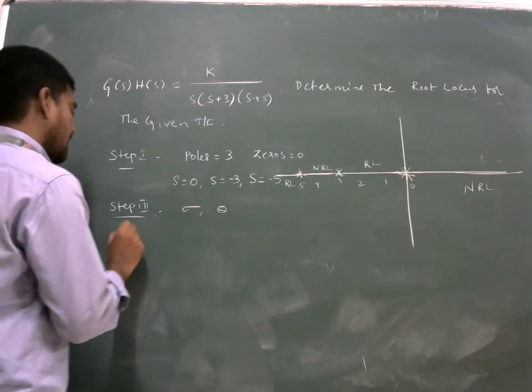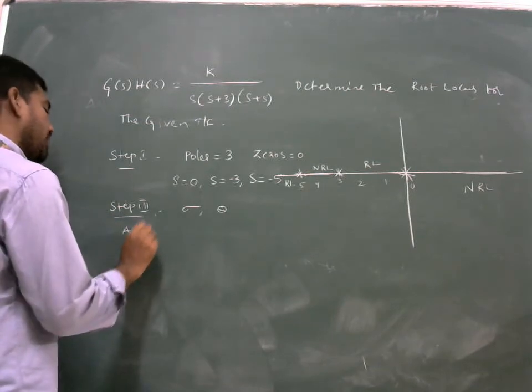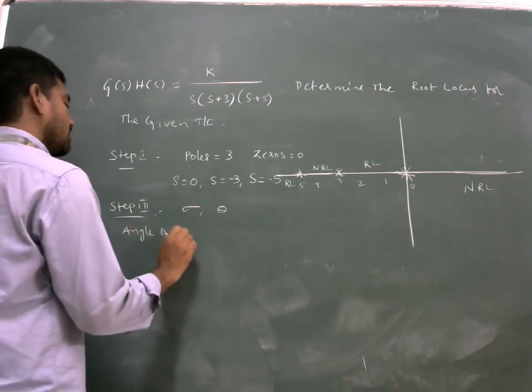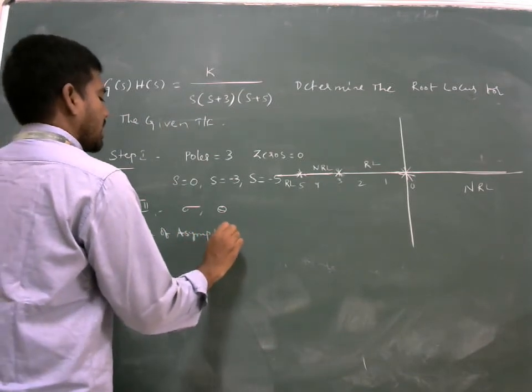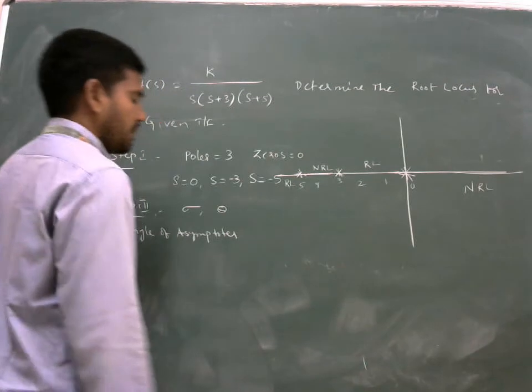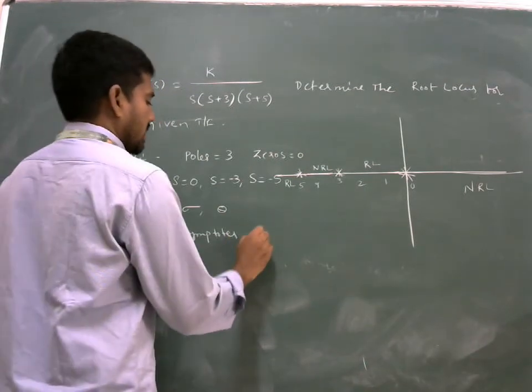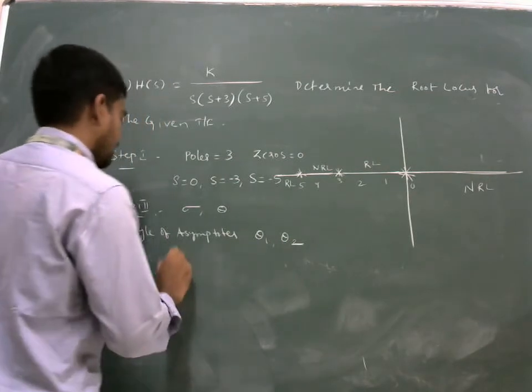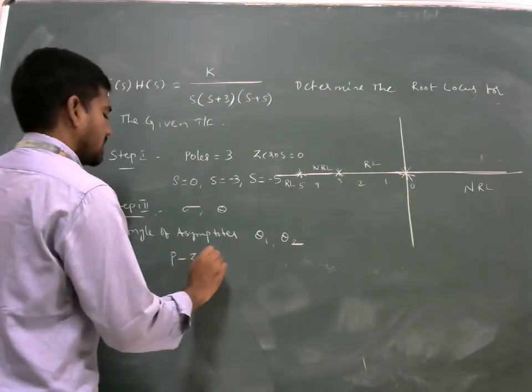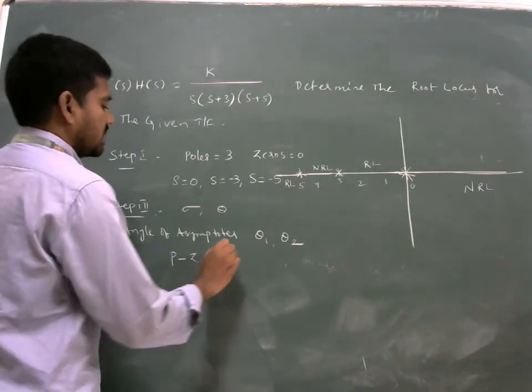How many angles of asymptotes will there be? Two: theta 1, theta 2. Why? Because the number of angles is P minus Z. How many poles are there? 3 poles.